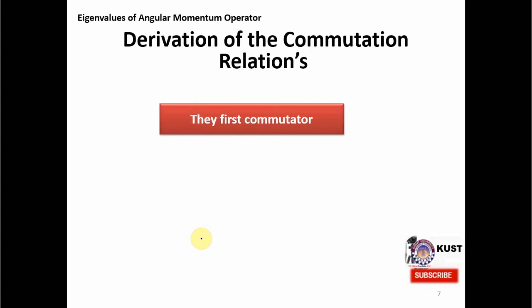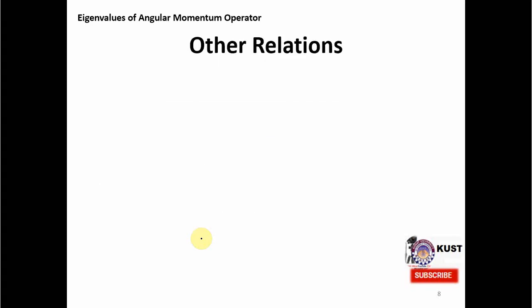Okay, so after deriving these commutation relations and checking that they are really true, the other interesting relations, which we will need for the derivation of the angular momentum eigenvalues, are these. J square is equal to j minus j plus, plus jz square, plus h bar jz. This is one of the relations.